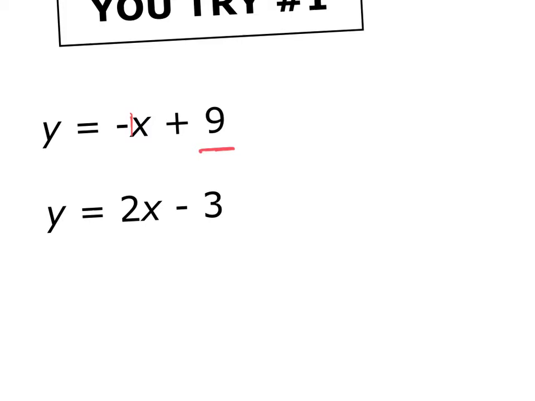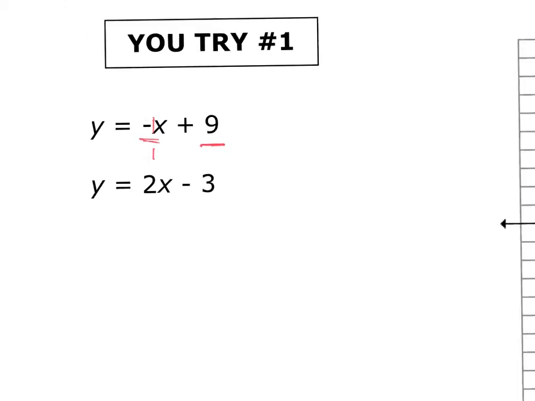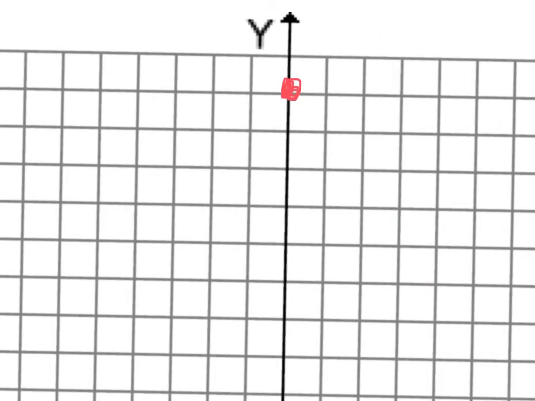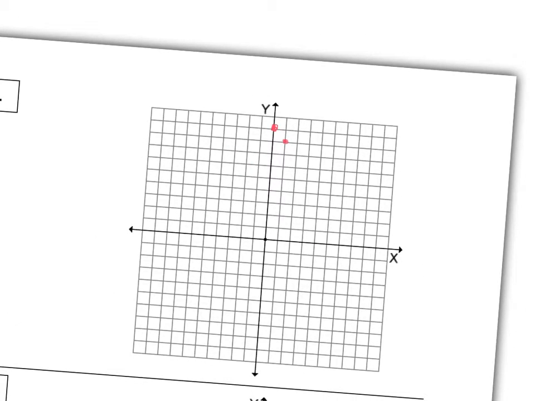We need a rise over run, so negative 1 over 1 would be our slope. So from our y-intercept, we're going to go down 1, and then over 1, and plot our point. Then we can draw our line, and we could go down 1 over 1 as many times as we want so that we can get an accurately drawn line. So let's draw our line in here.